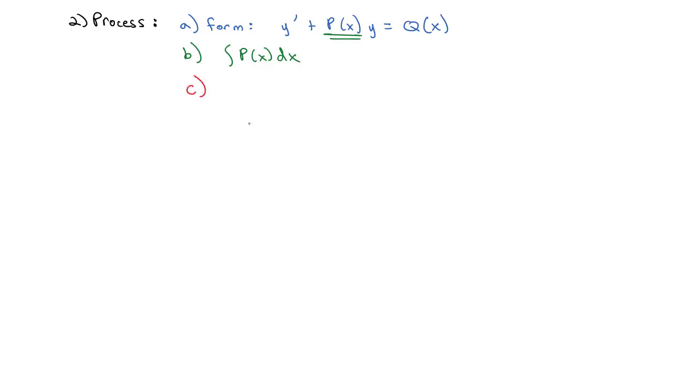Once we have that integral solved, we can multiply by e to the power of whatever we got, the integral of p of x dx, on both sides.